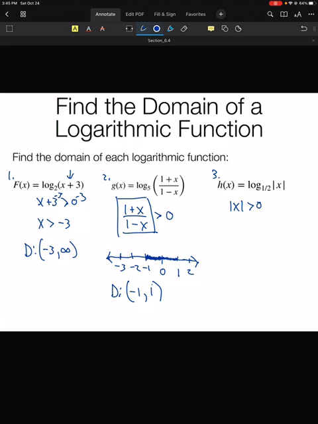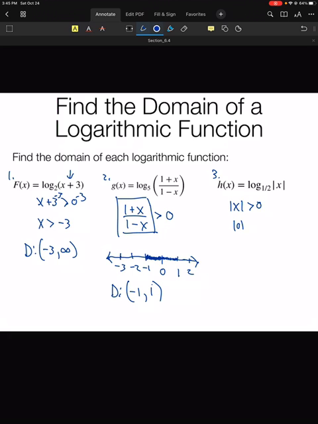And so I have to think, what numbers make the absolute value of x greater than 0? And it turns out that every number except for 0 satisfies this inequality. Because no matter how large a negative number that you substitute into this expression, the absolute value makes it positive. There's only one number that makes this inequality not true, and that is the number 0.